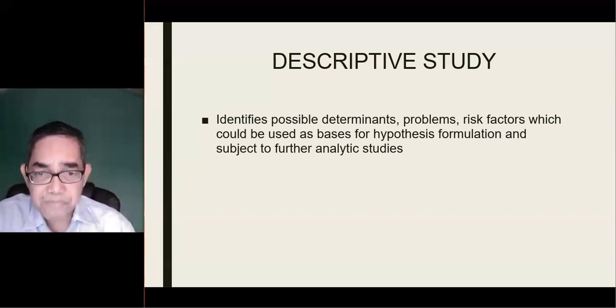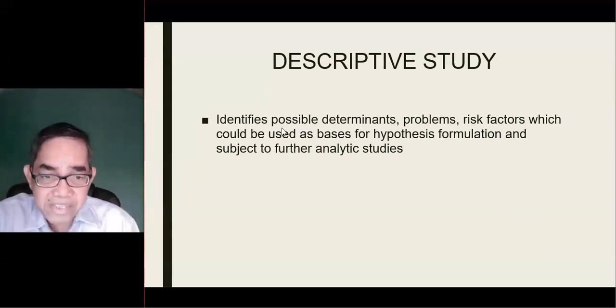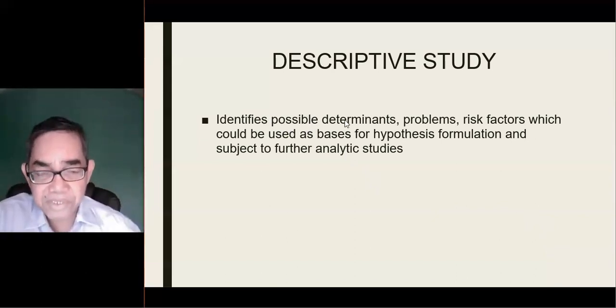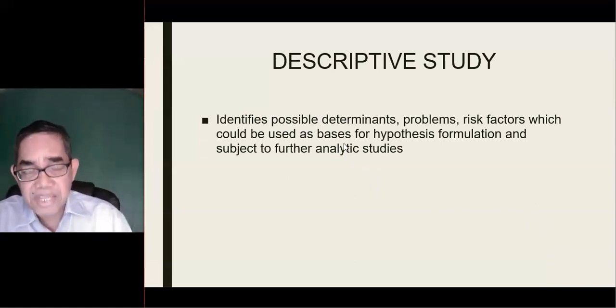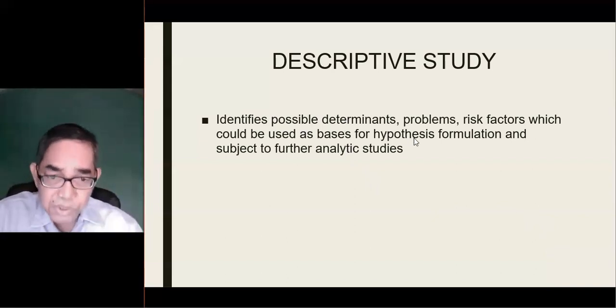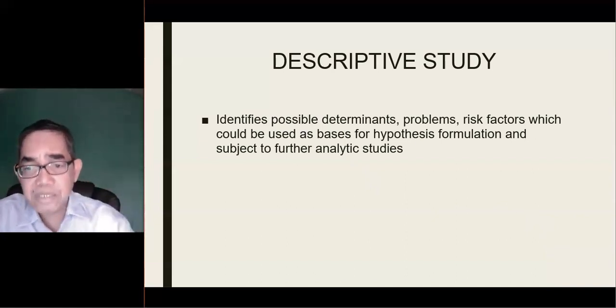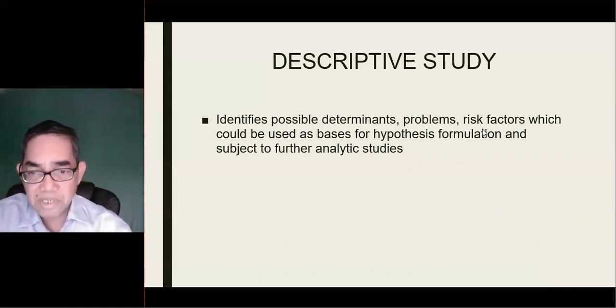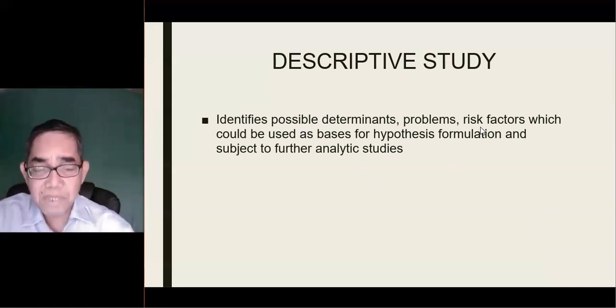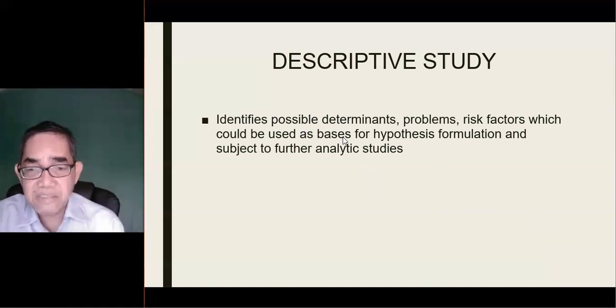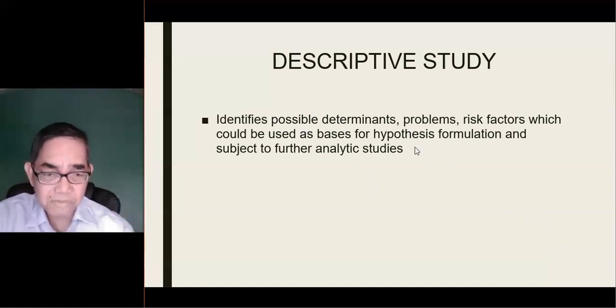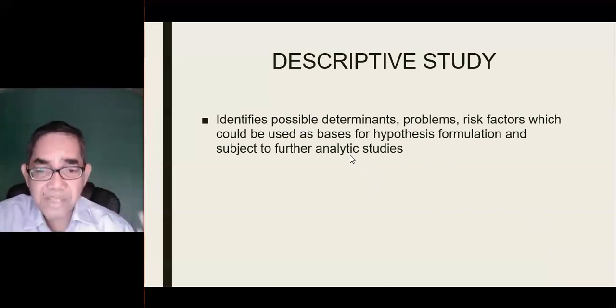Again, a descriptive study only identifies possible determinants. The key word here is possible. So because these could be the possible risk factors, we can generate a hypothesis from a descriptive study and then subject that hypothesis to an analytic study.